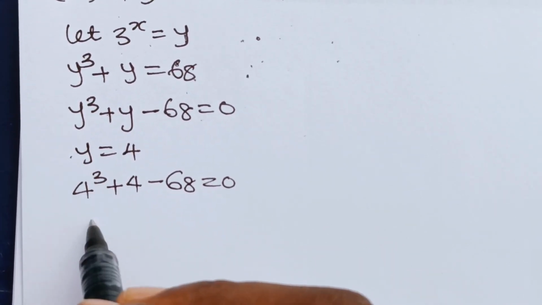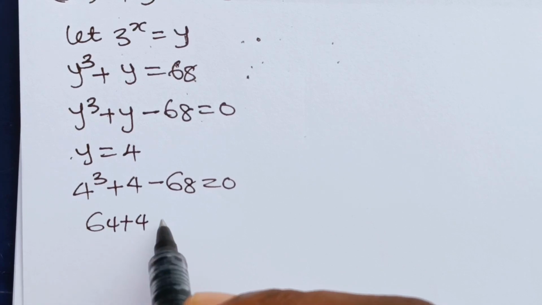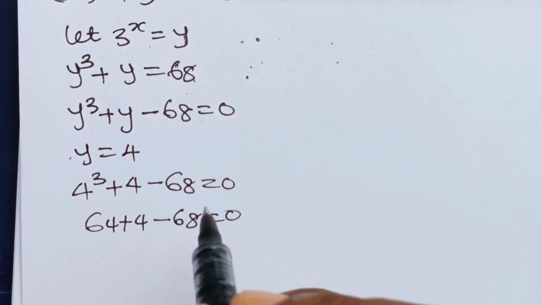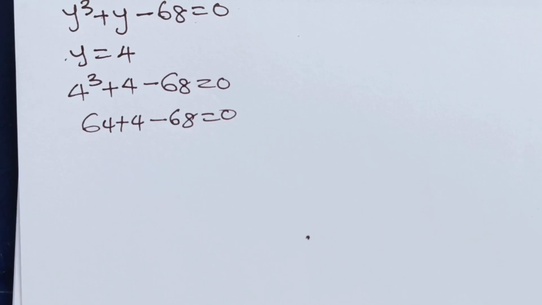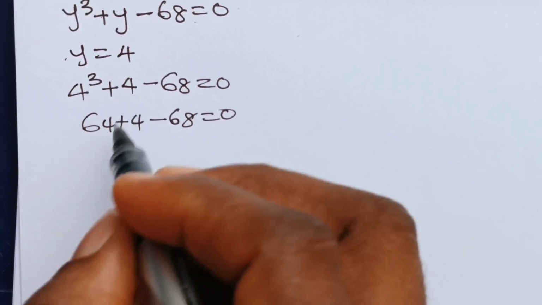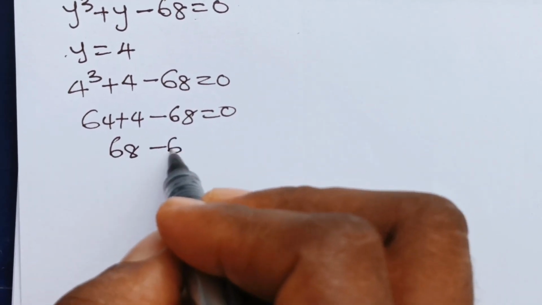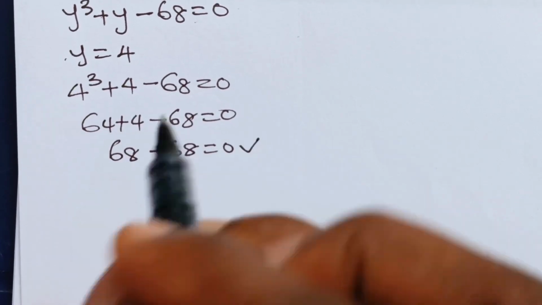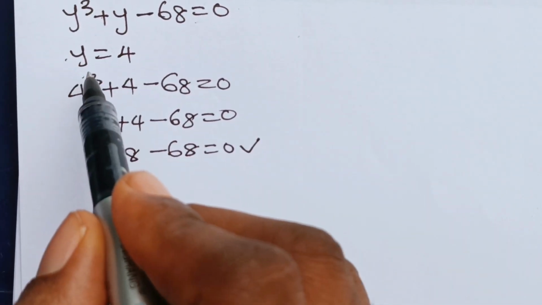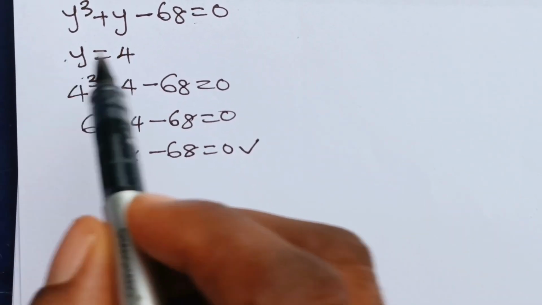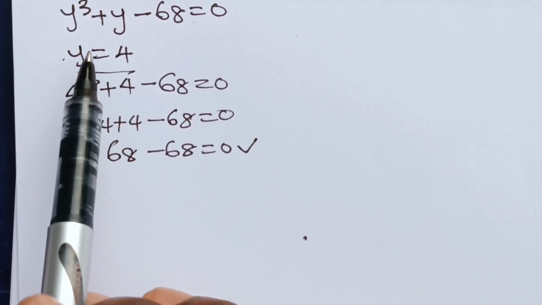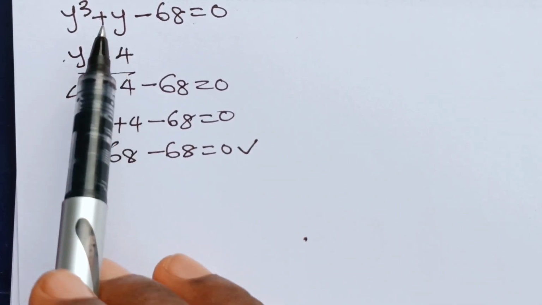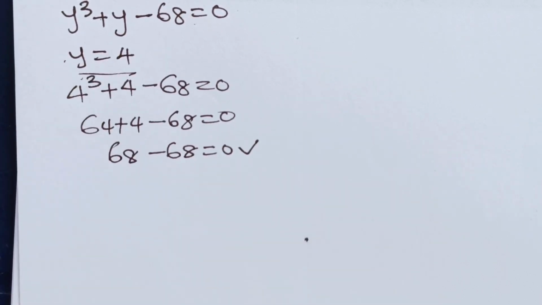Now 4 to the power of 3 is 64, plus 4, that is 68, minus 68 is equal to 0. And this is true. Therefore, we can say that y is equal to 4. Now, if y is equal to 4, we are going to use this to divide this equation synthetically.